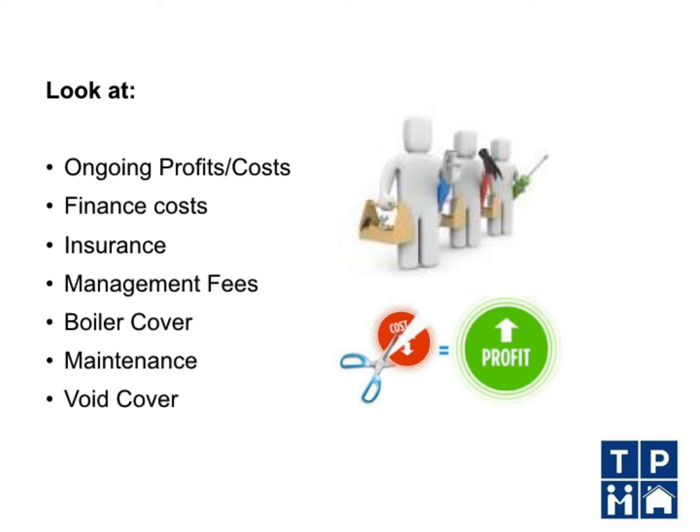You're quite happy to manage it yourself maybe, but you want that reassurance of having a team on hand to help you make sure your property is maintained. Companies offer all sorts of things, from standard boiler cover right through to covering the whole system of plumbing and gas and electric and drainage.